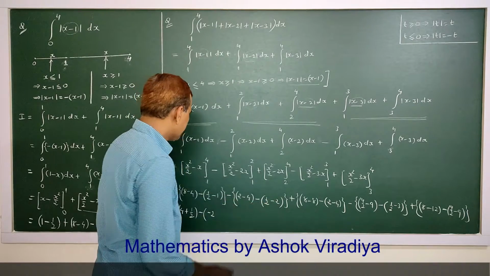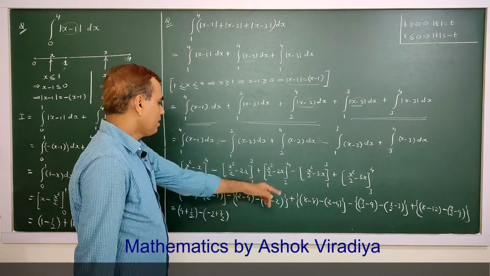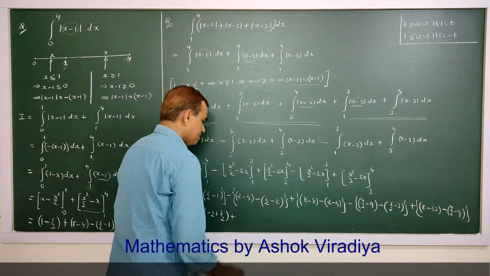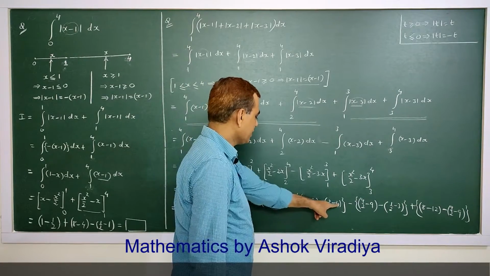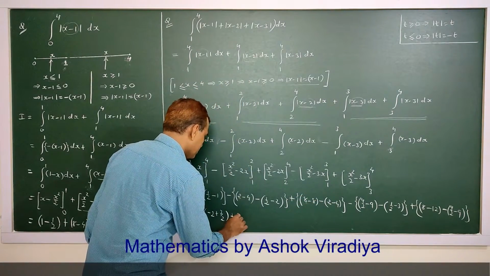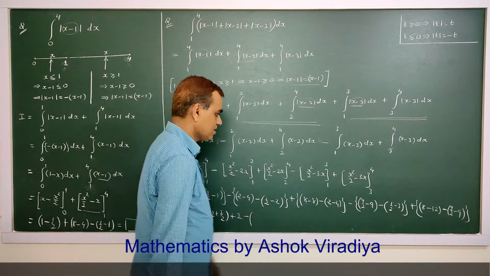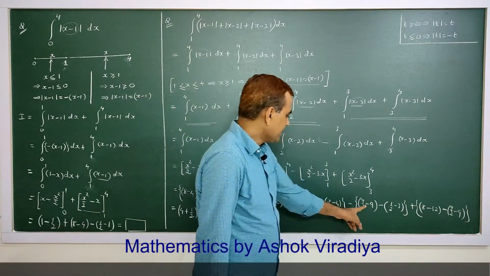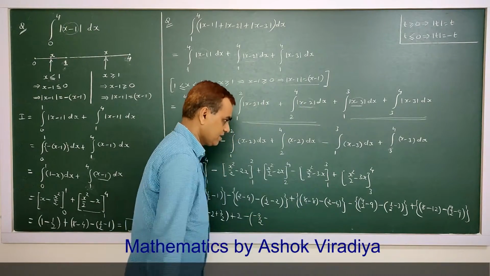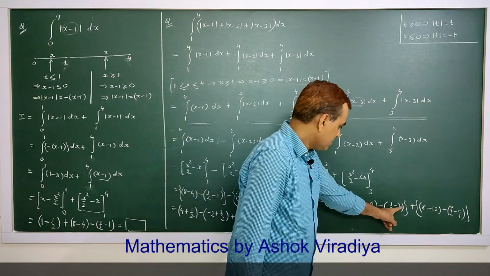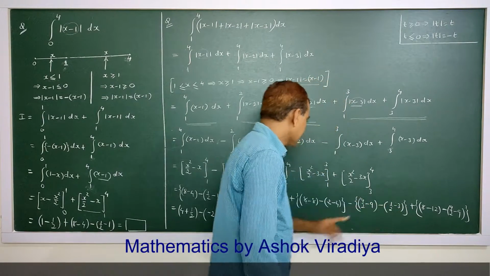So minus plus 3 by 2, plus, this is 0, minus of minus 2, that is plus 2, then minus, this will be minus 9 by 2, minus 3 to 6, 1 minus 6, minus 5 by 2, minus minus plus 5 by 2.